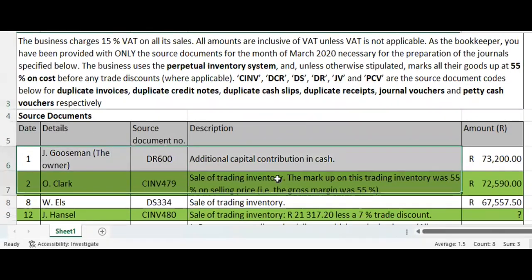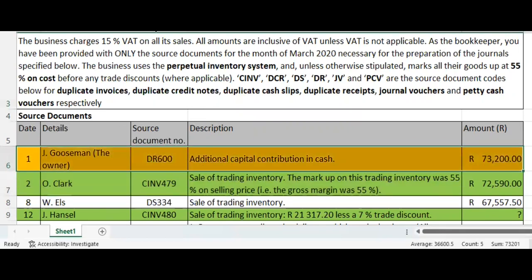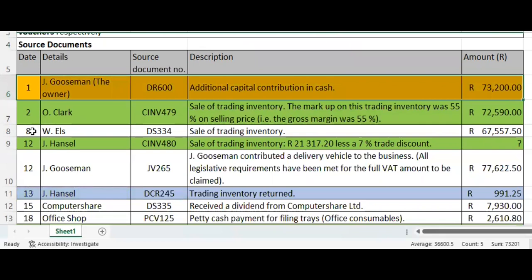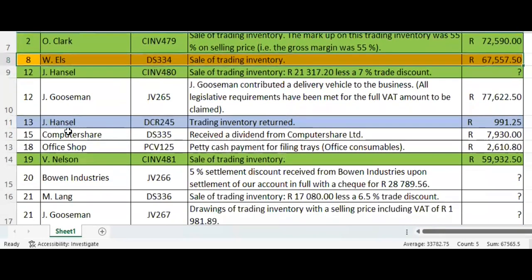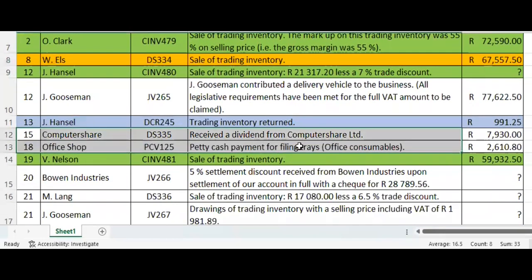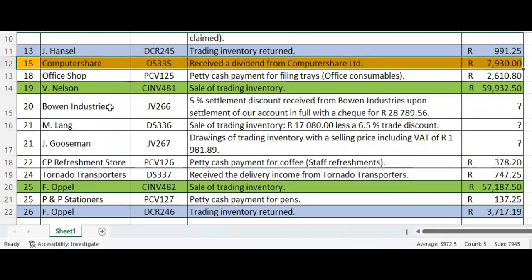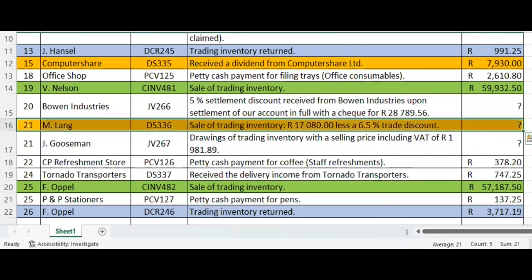So here we have a DR. Okay, so we highlight that in orange. Here we have a DS. We can highlight that in orange. Here we have another DS that we highlight. Here's another one, DS.